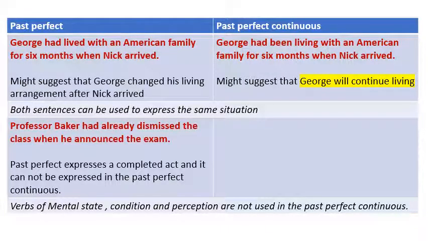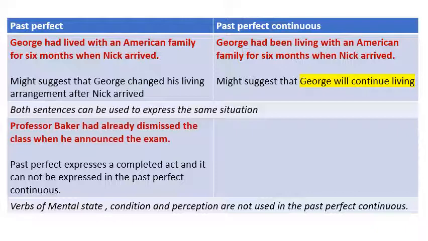Right. Let's compare the past perfect and the past perfect continuous. The past perfect, let's have a look at the following example. George had lived with an American family for 6 months when Nick arrived. We have two events. One of them is living with an American family, and the other one is the arrival of Nick.